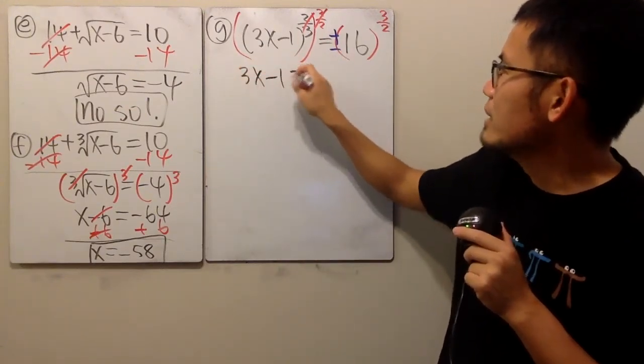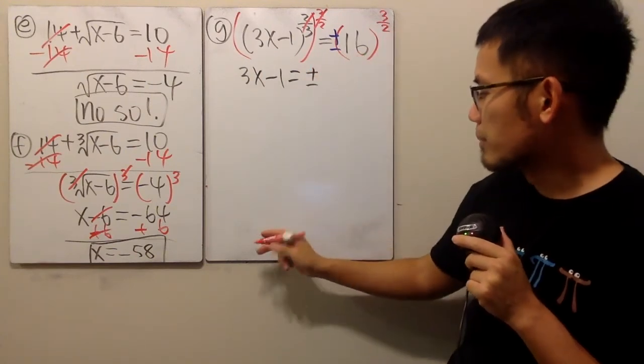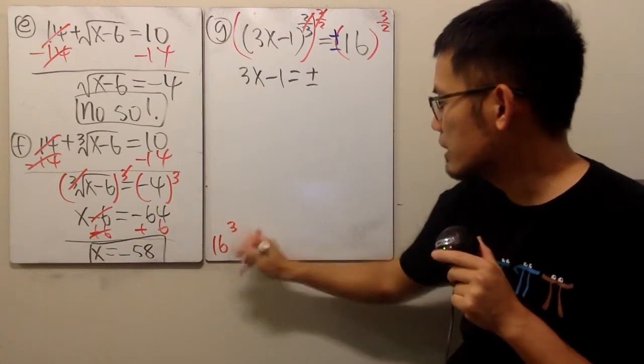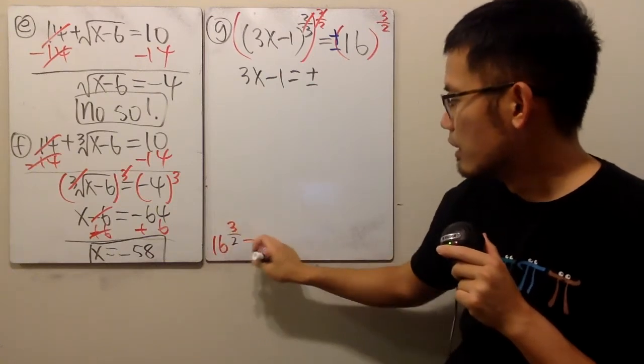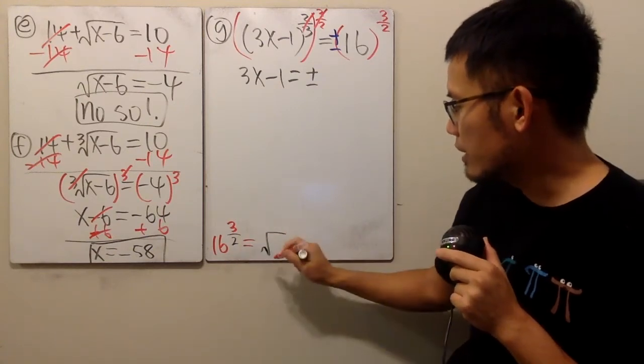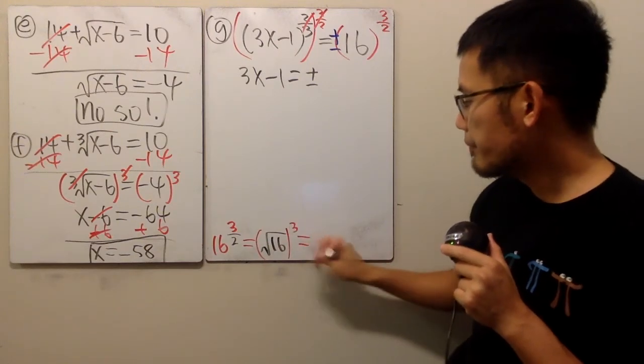3x minus 1 equals plus or minus, we have to work this out. So I'll put this down here for you guys. 16 to the 3 half power, 3 over 2 power. First, look at the half power, which is square root, and then you enter the 16 inside first, and then work that out to the third power.